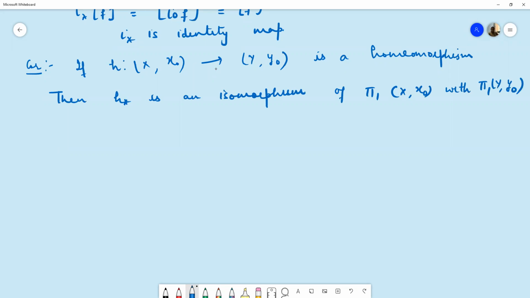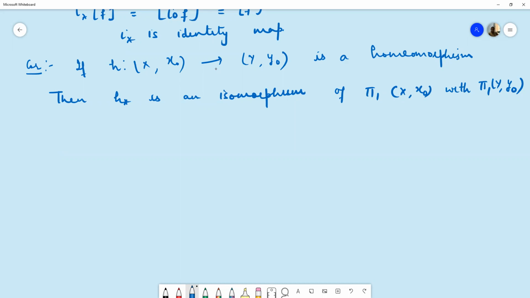Now this result proves that if we take H to be a homeomorphism, which means if X and Y are homeomorphic spaces, then H* is an isomorphism, which means these fundamental groups are isomorphic to each other.